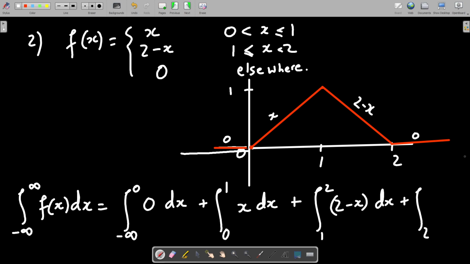From 2 onwards up till infinity, okay, clear?